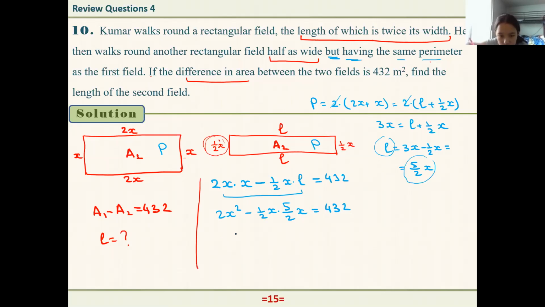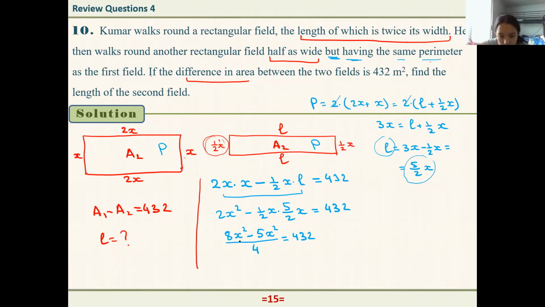Now, if you simplify this, 2 times 2 is 4, so the common denominator is 4. So I can write it as: 4 times 2 is 8x squared, minus 5 times x, that is 5x squared, over 4, equal to 432.